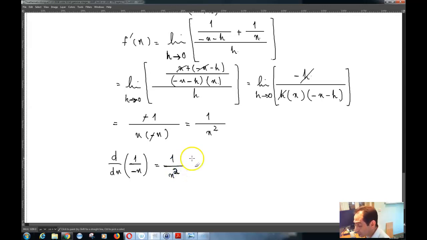Now if you use the quotient rule to calculate the derivative of this, the quotient rule is u by v whole prime is equal to u prime times v minus u v prime over v squared.